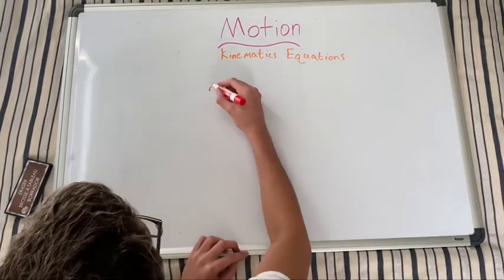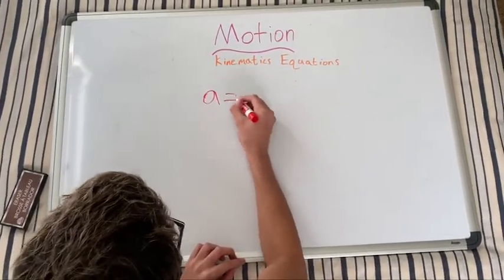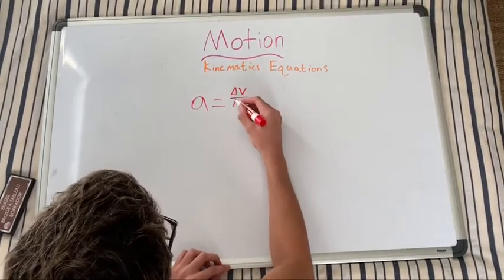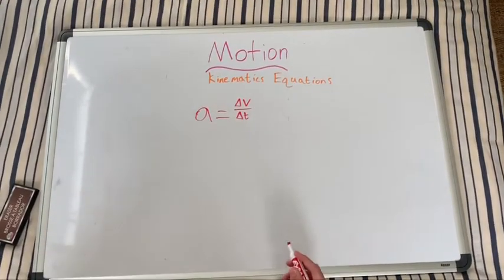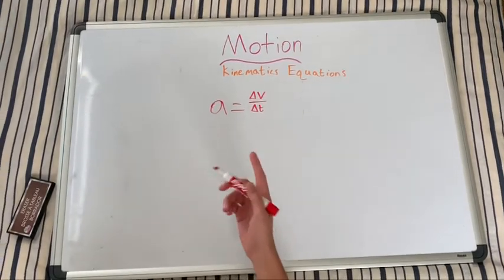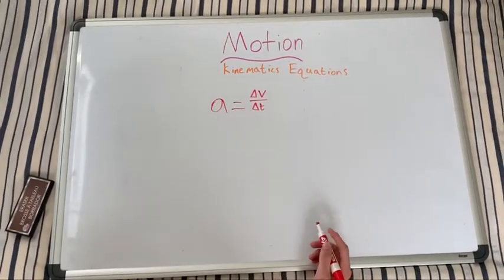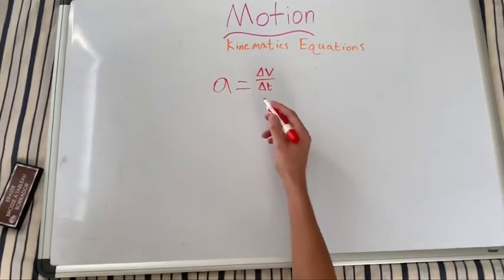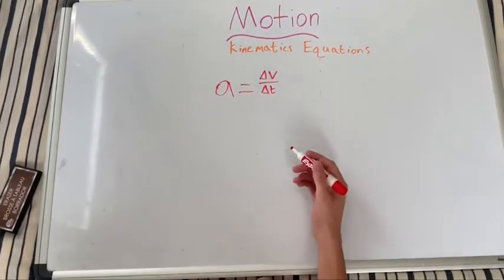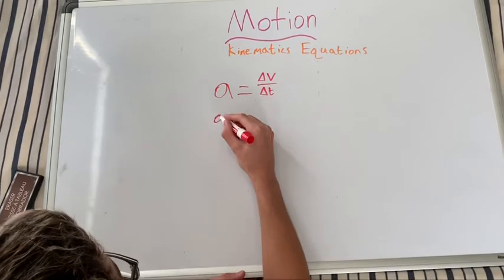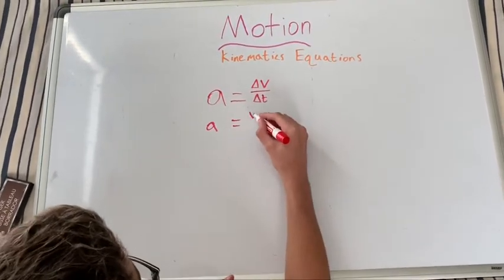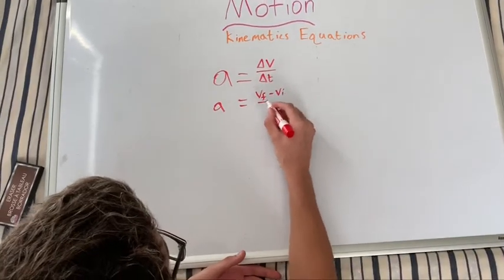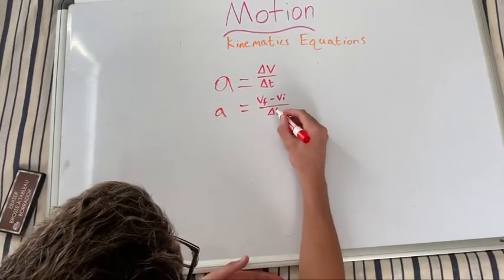So we have a equals change in velocity over change in time. We can derive the first kinematics equation from this. Change in velocity simply means final velocity minus initial velocity, so we can rewrite this as a equals vf minus vi over the change in time.